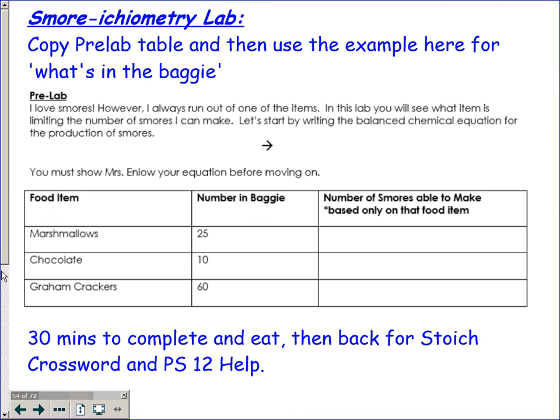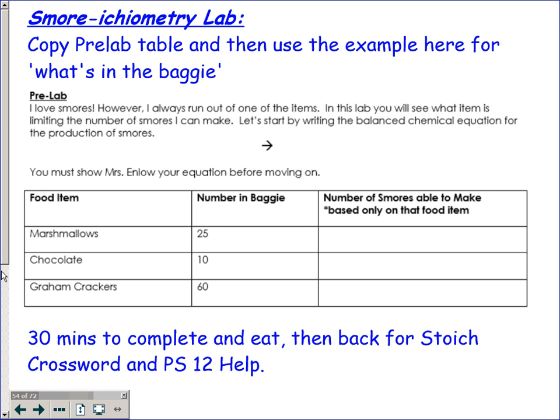We're going to start with 1 at a time. Makes sense. Right? Alright, so copy down this data table up on the board for me first, and then you're going to move to the back. That's second. Well, so 2 things. 1, the pre-lab is that you have to write the correct BCE for making a s'more.